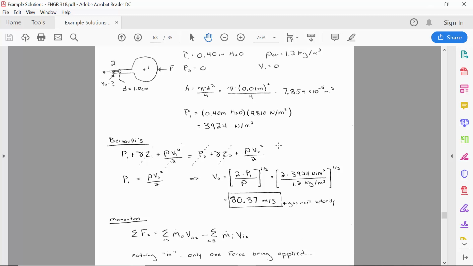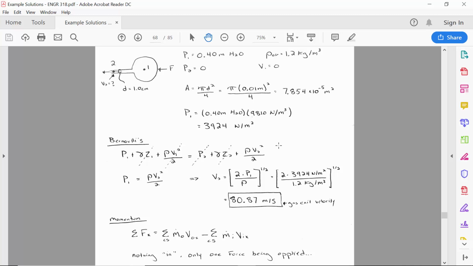Good, yeah, that's what I've got too. 7.62 times 10 to the minus third kilograms per second. And we've got it in our mind, yeah, mass flow rate is a scalar, so we're not going to put any negative sign there. Okay, so it is 7.62 times 10 to the minus third kilograms per second for the mass flow rate.